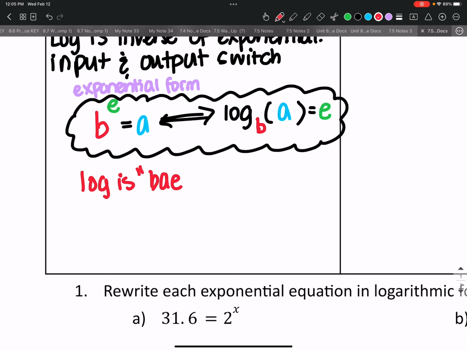It has to come before anything else this week because logarithms are kind of hard and you need to focus on them and study them so that you do well on your test. So if you remember log is bay, you can remember the order that you see it in the logarithm equation.